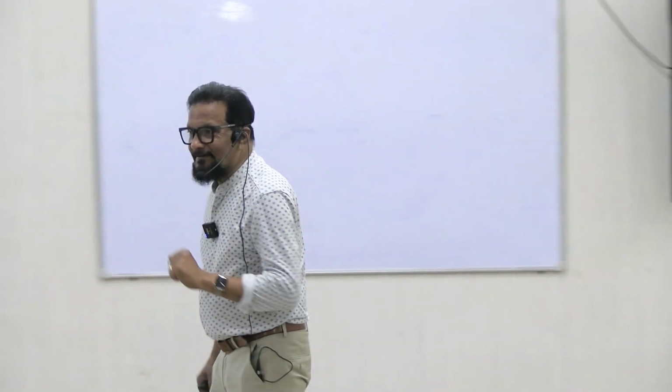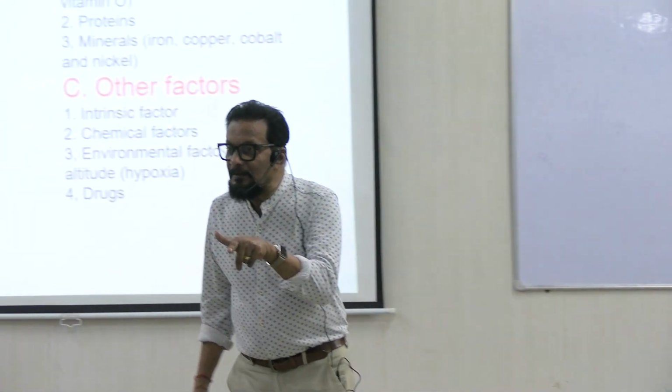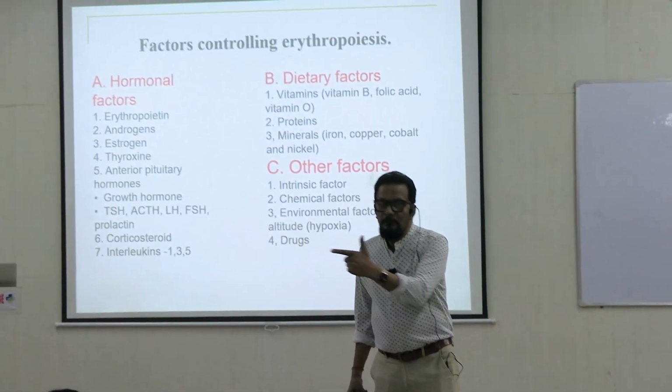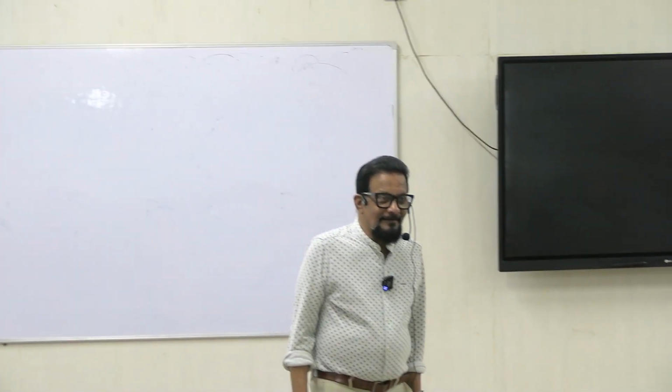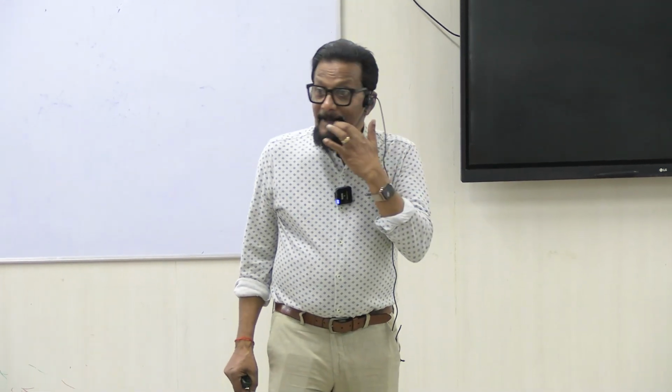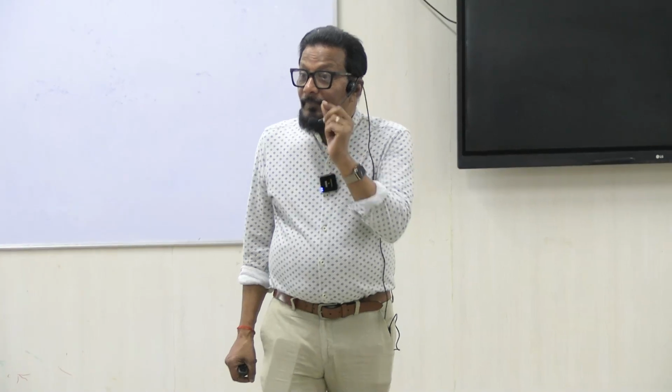It is glycoprotein in nature. Glyco means carbohydrate, so glycoprotein means carbohydrate and protein. These are conjugated proteins. The carbohydrate part can bind with erythropoietin receptors that are present on the target cells.